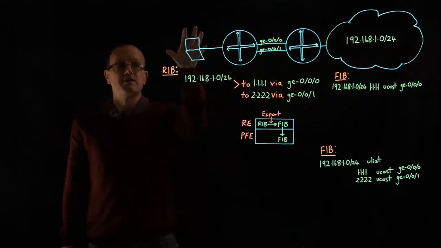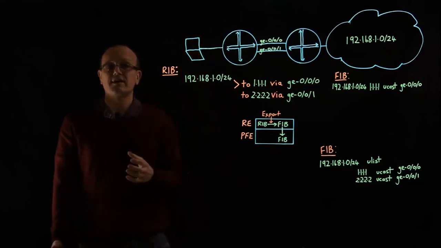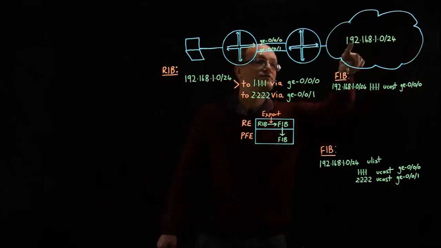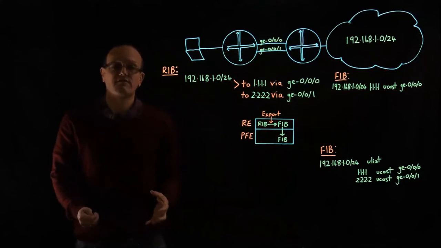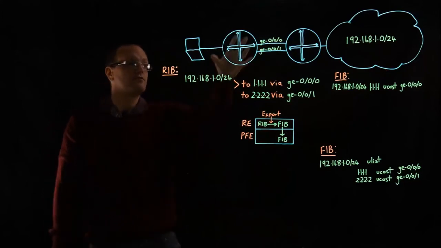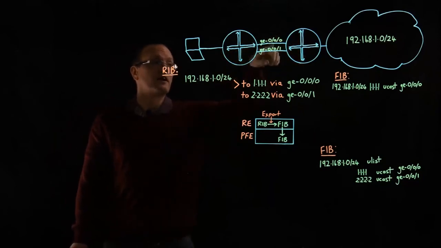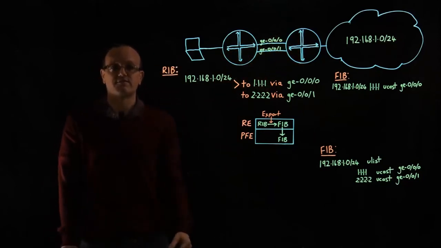We have a sending device, and he's sending traffic to this destination network of 192.168.1.0/24. And this traffic is passing over two routers, and these two routers are interconnected via two physical interfaces.